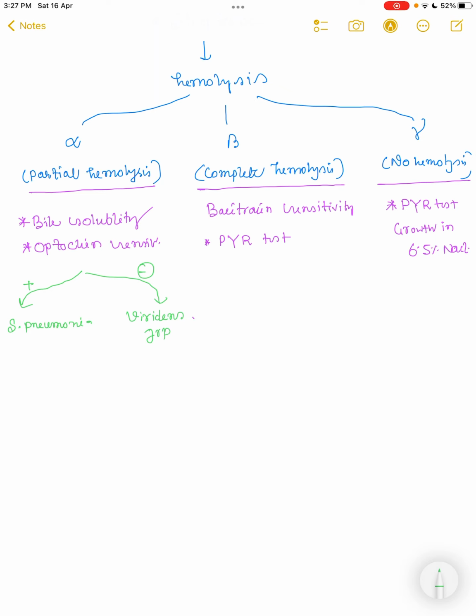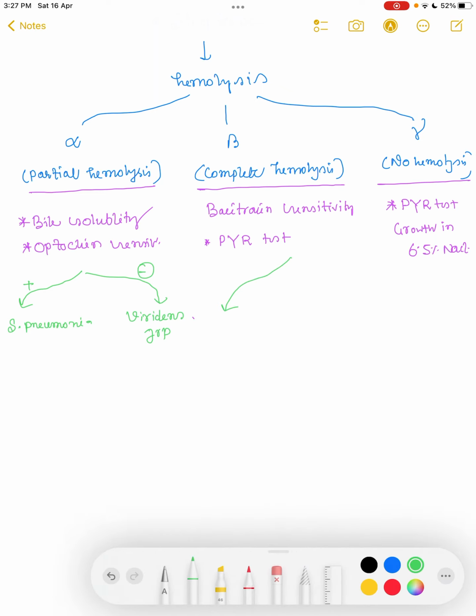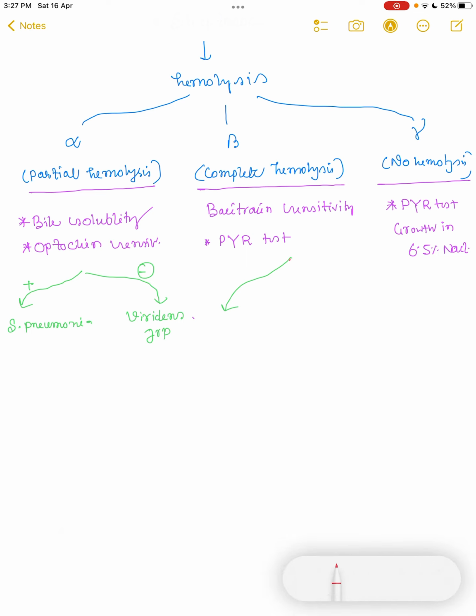In case of bacitracin, you have the PYR test. If it is positive, then Streptococcus pyogenes, and if it is negative, then it is Streptococcus agalactiae.